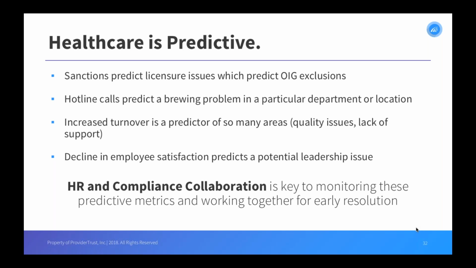And a decline in employee satisfaction predicts a potential leadership issue. This is kind of outside the scope of people data, but as it relates to people data, collecting satisfaction data within specific job titles, job roles, or organizations is a great way to understand what's happening within your organization. HR and compliance collaboration is key to monitoring these predictive metrics and working together for early resolution.